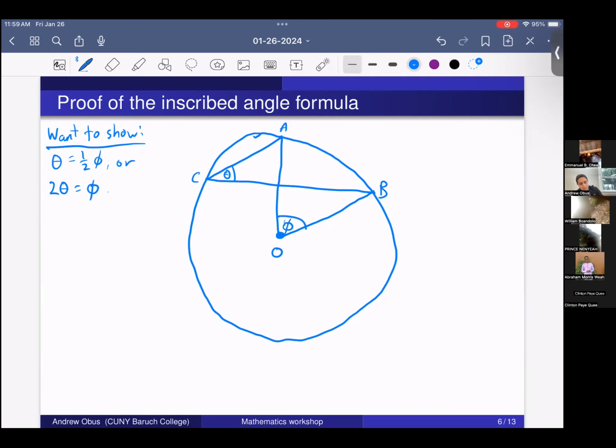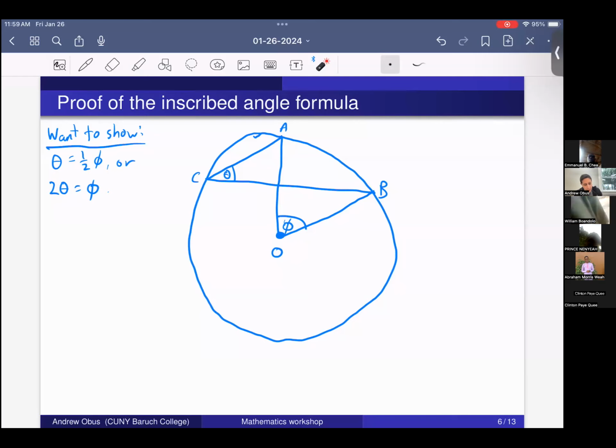Okay, this is what it means to prove the arc formula: you want to show that if you have an inscribed angle with a given arc, its measure is half the central angle with the same arc. So if this arc was 60 degrees, then phi would be 60 degrees. And what we want to show is that theta is half of that, that theta is 30 degrees, right? So what we want to show is that 2 theta equals phi.